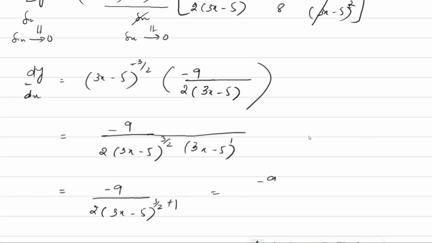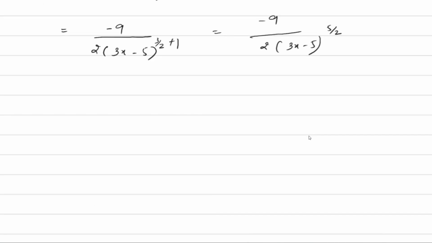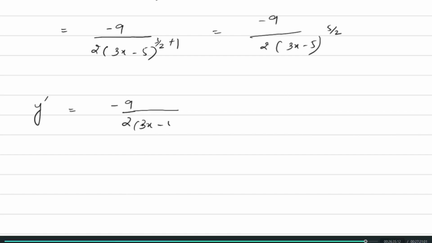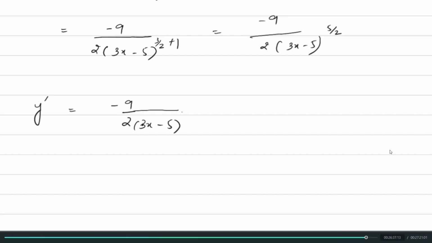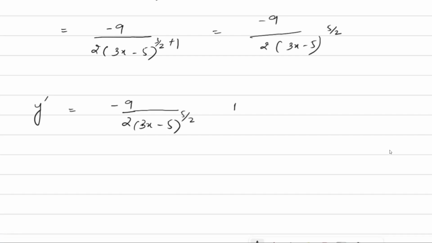So minus 9 upon 2, (3x - 5) whole raised to the power 5/2. Hence y dash or dy by dx is equal to minus 9 by 2 (3x - 5) whole raised to the power 5/2.